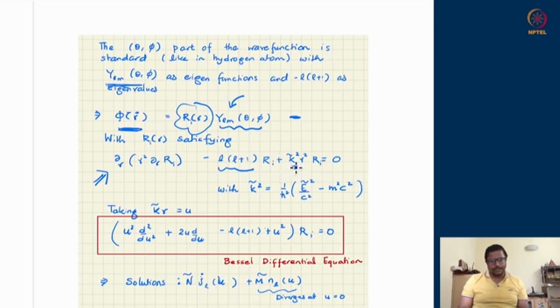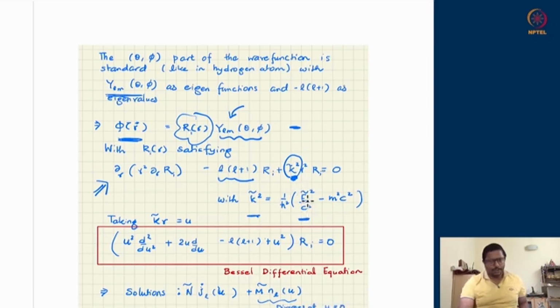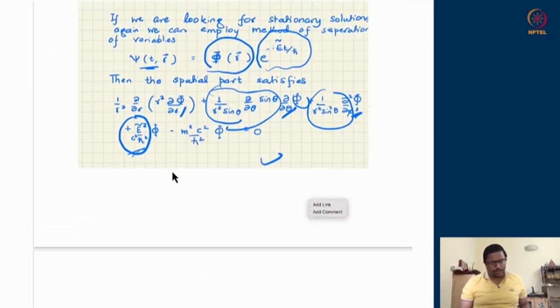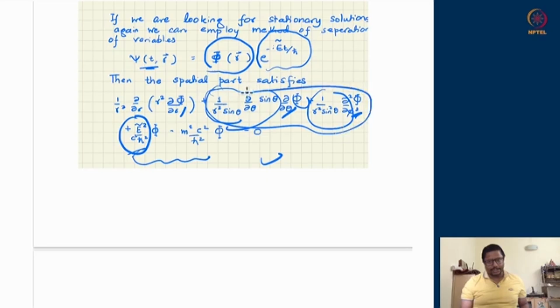So the k square, which used to appear previously, had an E minus V structure, if you recall, in the ordinary Schrodinger equation. This time we are talking about a relativistic version. So energy will also appear on the same footing as the other momentum components. They will also appear with a square. So the k tilde square will be E tilde square minus m square c square. Okay, so you can see I have just clubbed these two things as k tilde square and these two things as l into l plus 1 times the radial part.